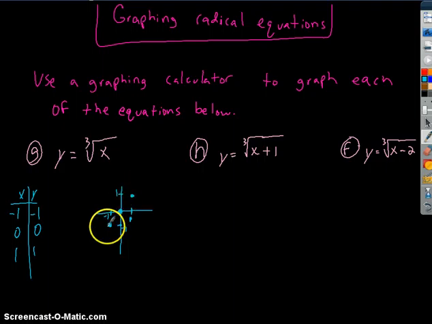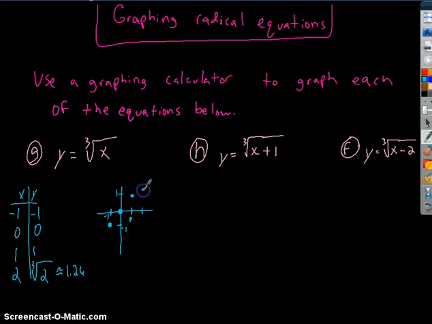It looks like it's a line right now, right? Well, let's go a little further. Output at 2 is going to be whatever the cube root of 2 is. Cube root of 2 is about 1.26. So instead of being 2, at 2, the output's slightly above 1.